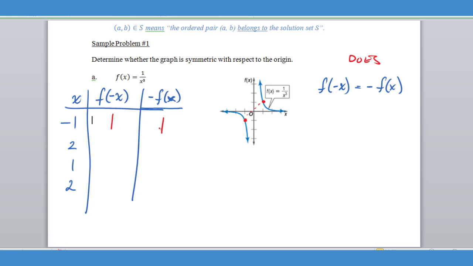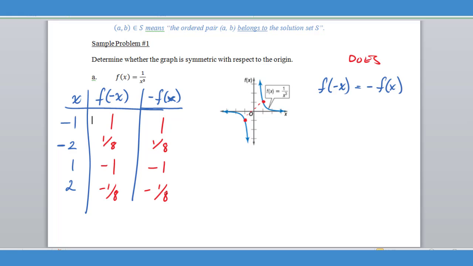And if I did this for the remaining parts, and this should be -2, the remaining parts would be -1/8, and this would also be -1/8. If I did a +1, I would get 1 for this function, and I would also get 1 for this function. And then finally, I'd get 1/8 and 1/8.